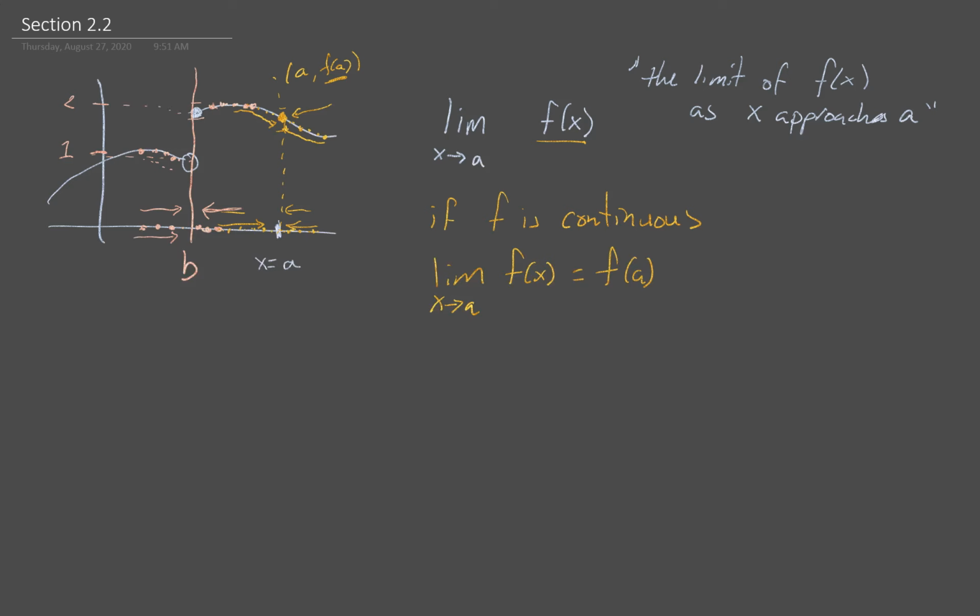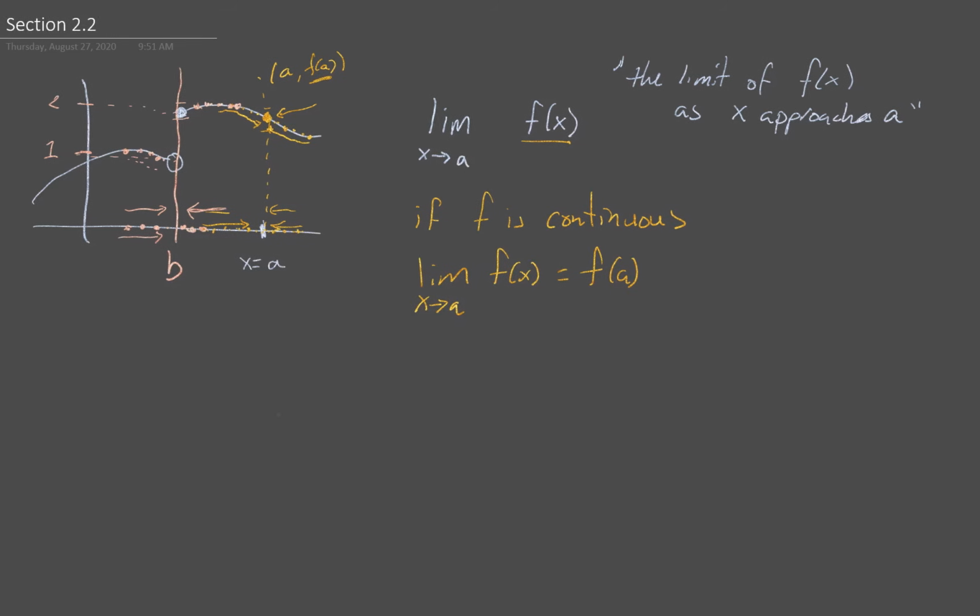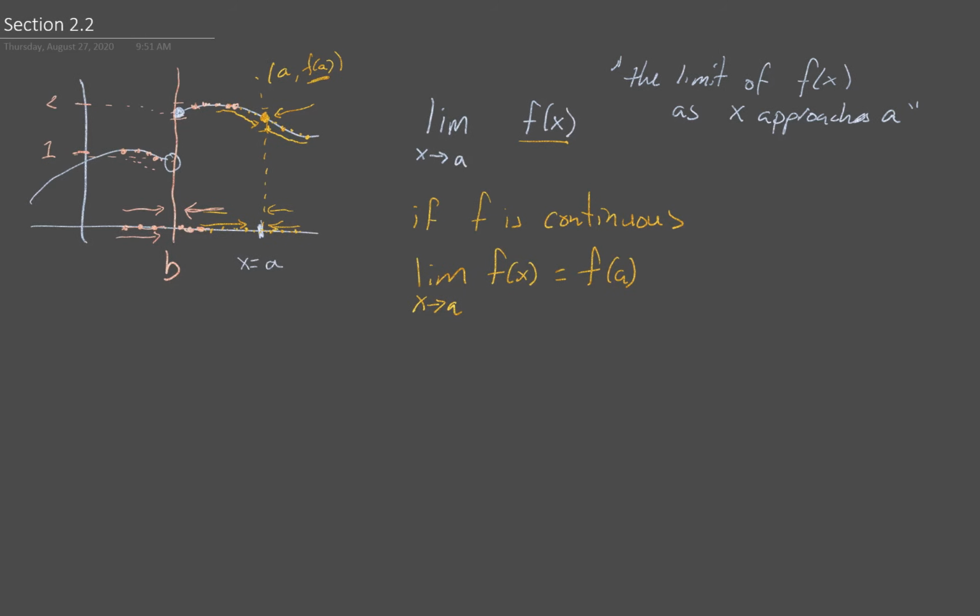So I can't just say that as I approach b, the outputs approach one number. If I come in from the left, they approach 1. If I come in from the right, they approach 2. So at b, this limit does not exist.